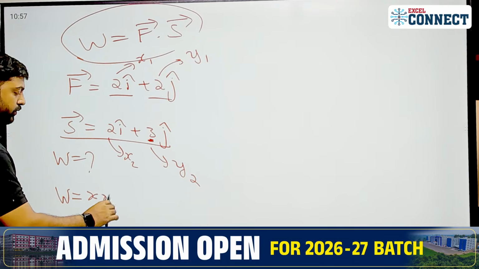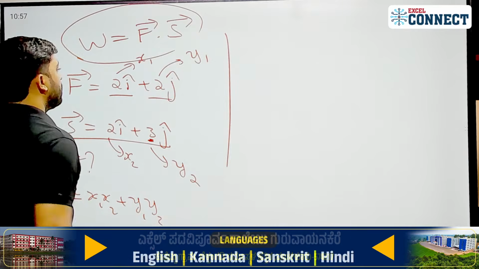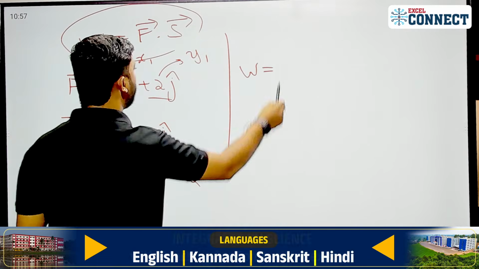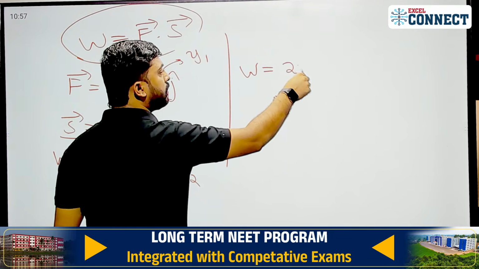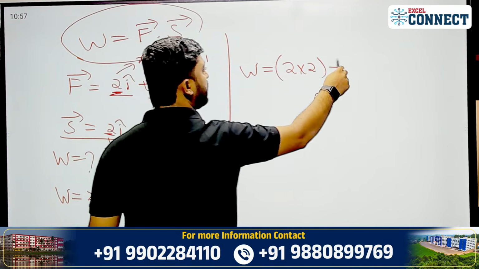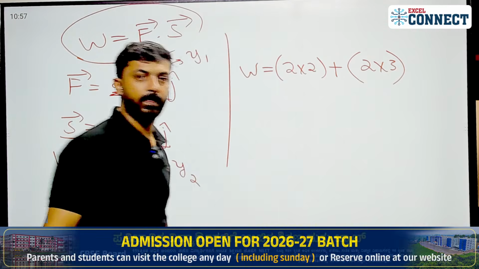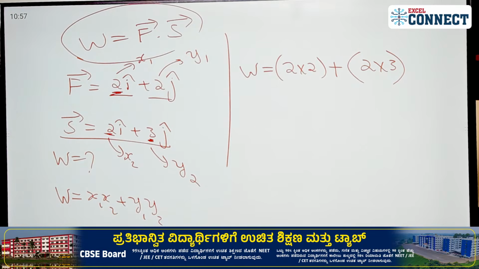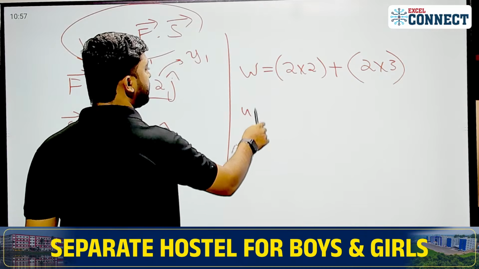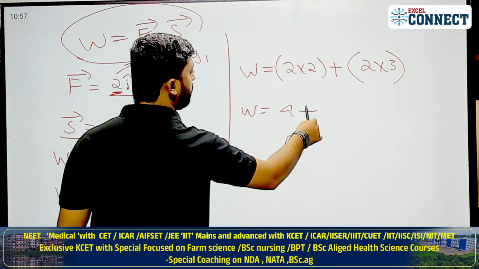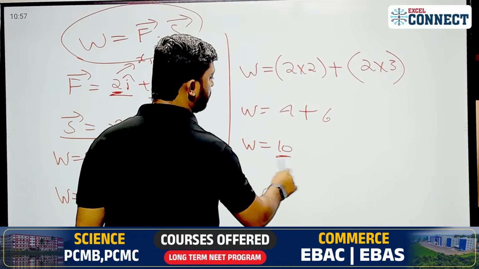It is x1 x2 plus y1 y2. So if you solve this, what will be the work done? Work done is 2 into 2 plus 2 into 3. So 2 into 2 is 4, plus 2 threes are 6. So work done will be 10. So it is 10 joule.